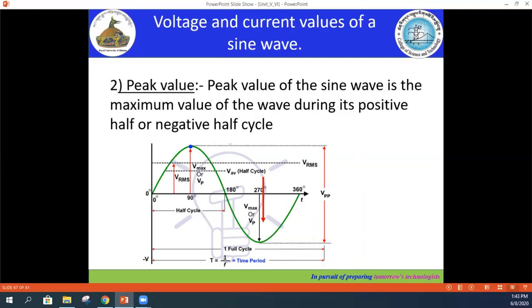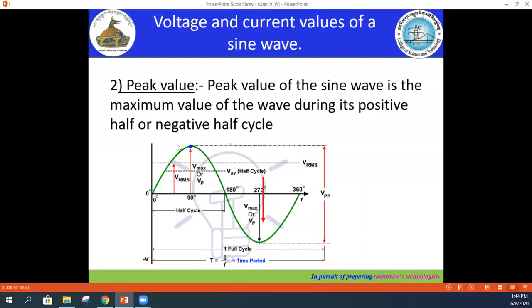Now let me show you which one is the peak value in this waveform here. As per the definition, it is the maximum value of the sine wave at a given time, which means at 90 degree, we have the maximum magnitude. Now this one is the positive peak value, and then again at 270 degree here, we have the maximum negative peak value.